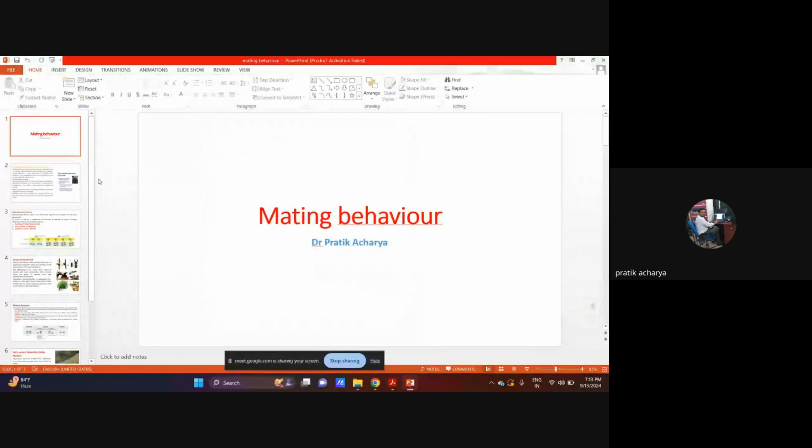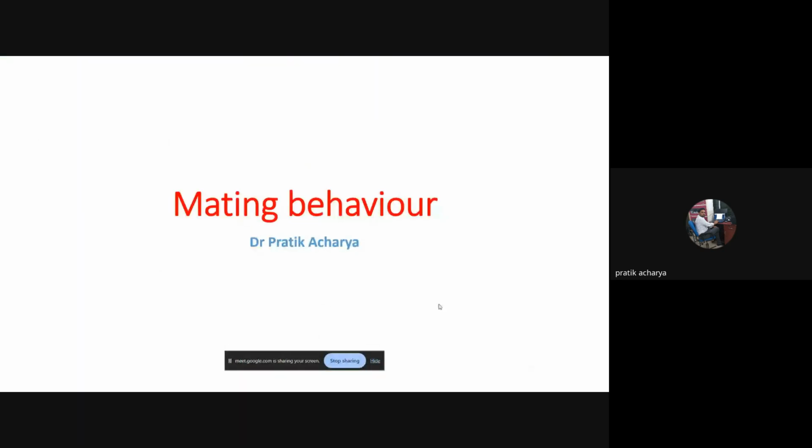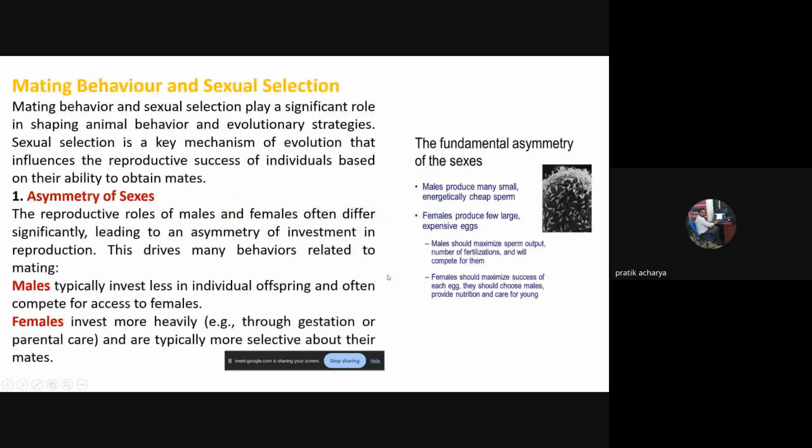The mating behavior. Mating behavior is part of sexual selection.